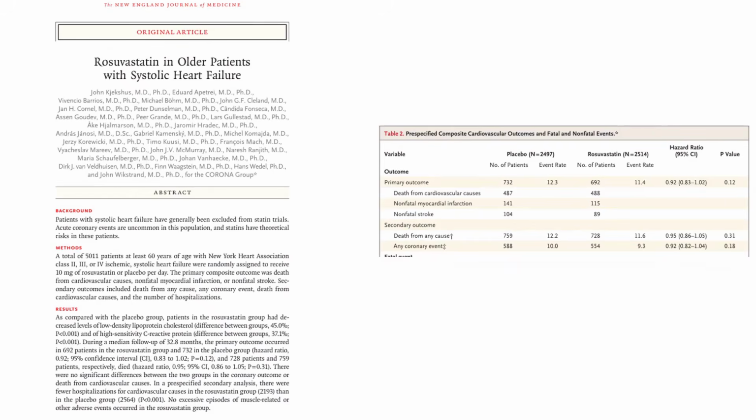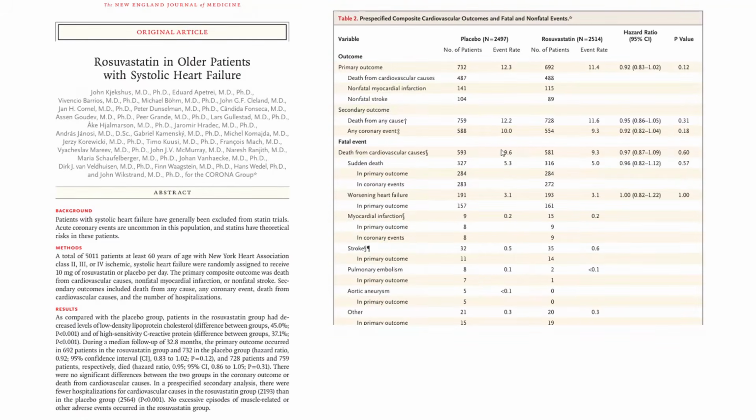Wherever you throw statins, they improve outcomes. Yet somehow they did not improve outcomes in ischemic cardiomyopathy. And the main reason for that is that most follow-up events were not MI, they were death. And you can see here that fatal MI was a lot less common than sudden death or worsening heart failure.